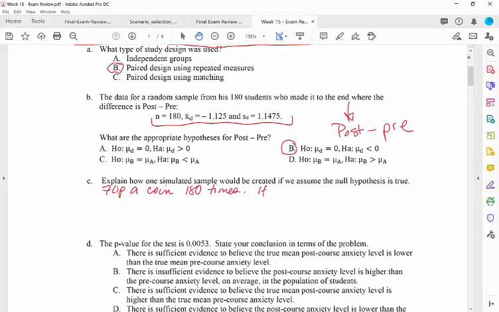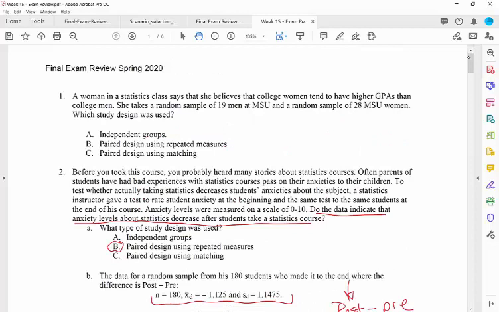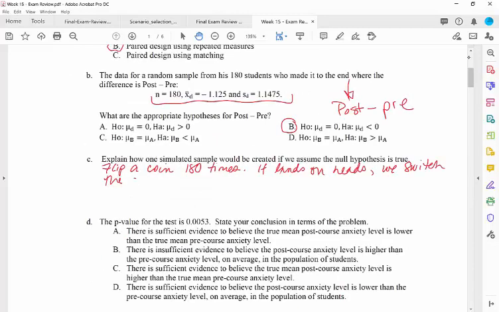If it lands on heads, we're going to switch the value for post and pre-anxiety scores for that individual.